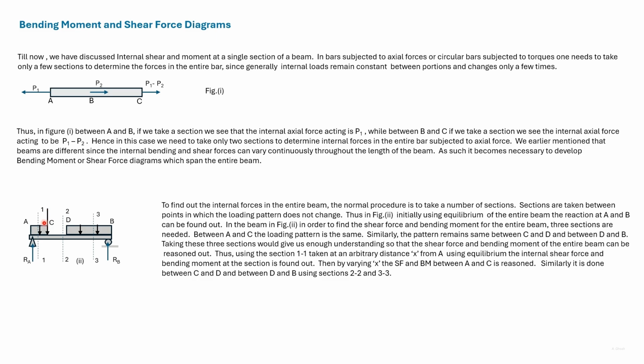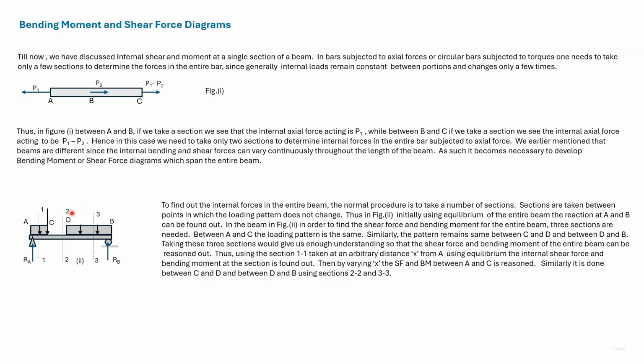Sections are taken where the pattern of loading does not change. We take a section 1-1 at an arbitrary distance x from A and find out the variation of shear force and bending moment between A and C using reasoning.